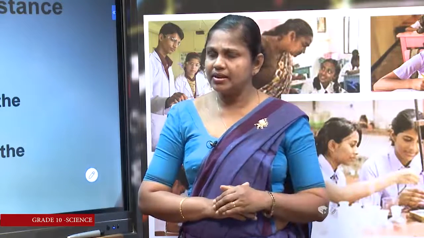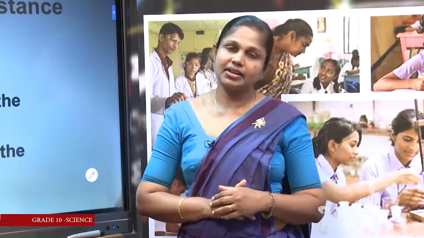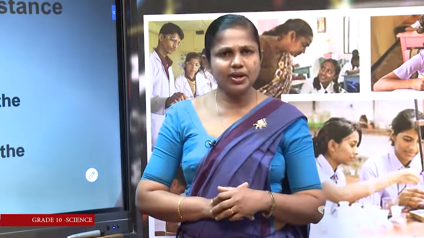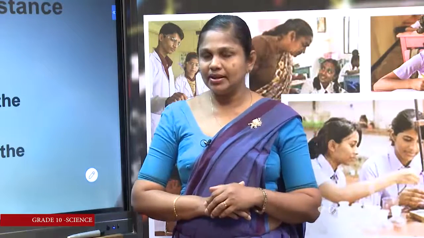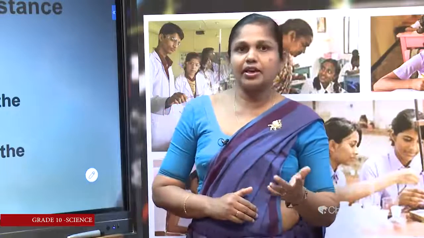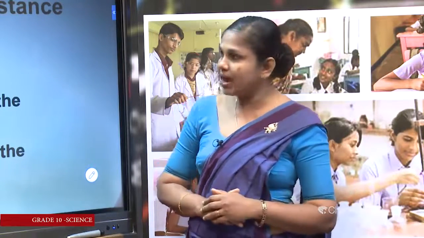Because of heating, a resistance is given to the circuit and the current flow decreases. Now, we are going to learn what are the factors affecting the resistance of a conductor like copper or nichrome or aluminium, right?